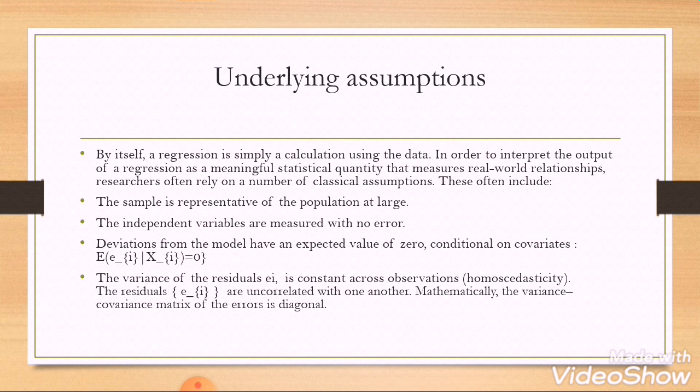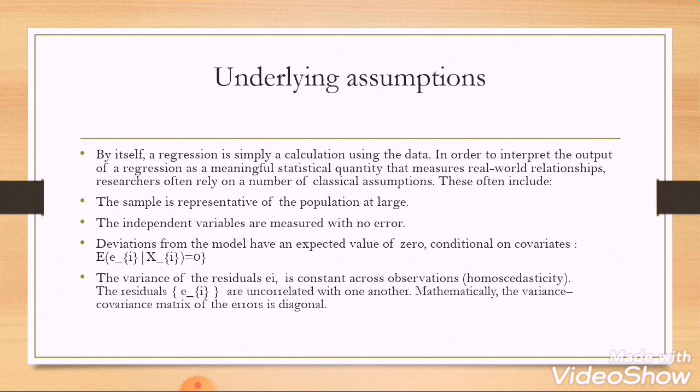researchers often rely on a number of classical assumptions. These often include: the sample is representative of the population at large. The independent variables are measured with no error. Deviations from the model have an expected value of 0 conditional on covariates.